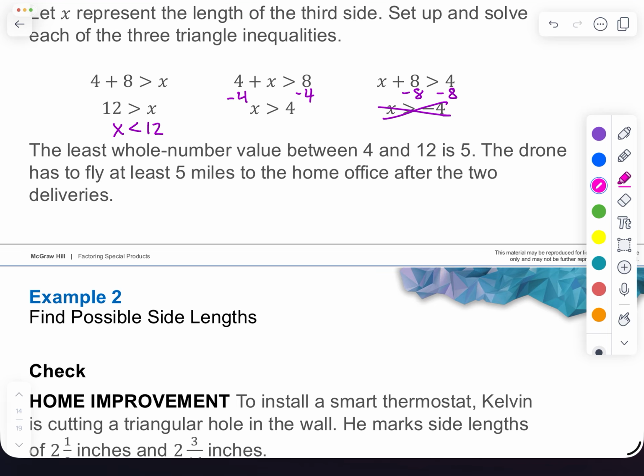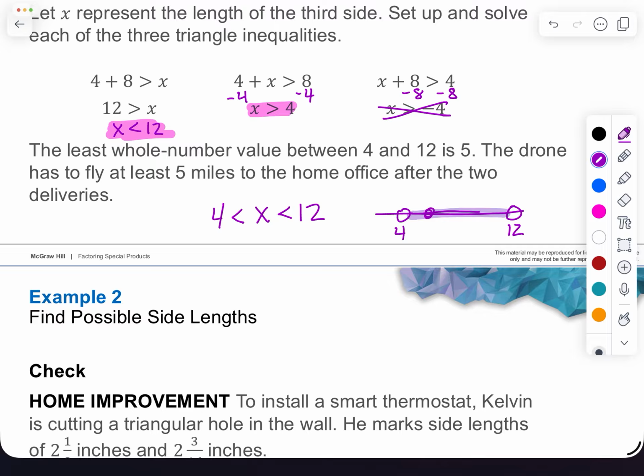So between these, X is less than 12 and X is greater than 4. And actually, we would typically write that as a compound: X is greater than 4 and less than 12. Or if it was on a number line, 4 and 12, and it would go between there, and we would highlight that between there. The first number between there would then be 5.